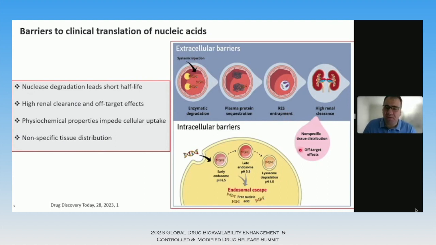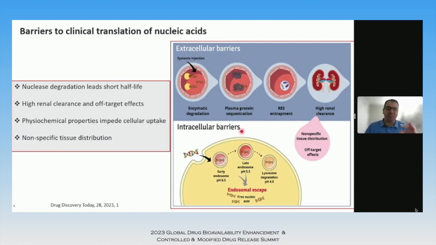We have macrophage clearance, kidney clearance of these nucleic acids. We have so many enzymes, nucleases, in the extracellular compartment that quickly degrade these nucleic acids. So their half-life upon administration is usually less than 10 minutes.